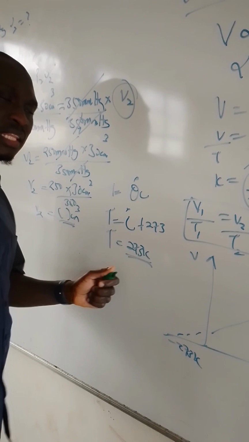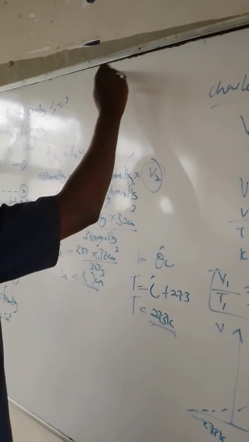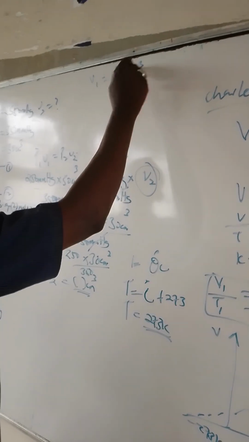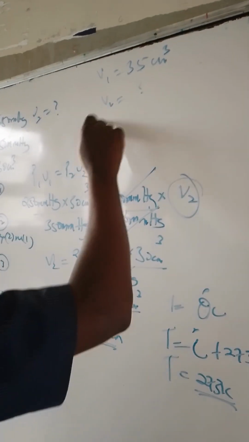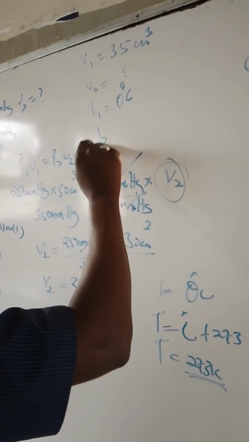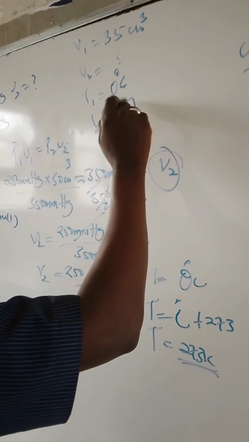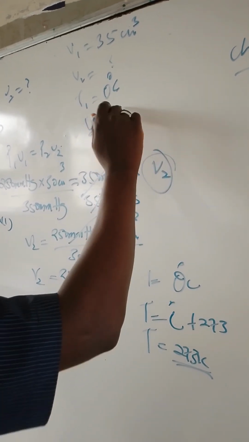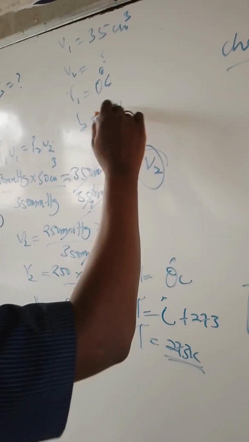That is the formula. For instance, if you are given V1 equals 35 cm³ and V2 is unknown, and T1 equals 0 degrees Celsius and T2 equals 27 degrees Celsius respectively.